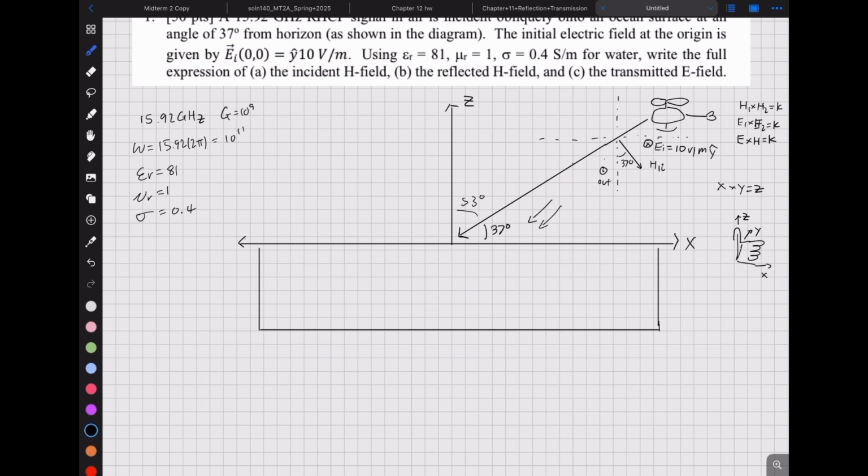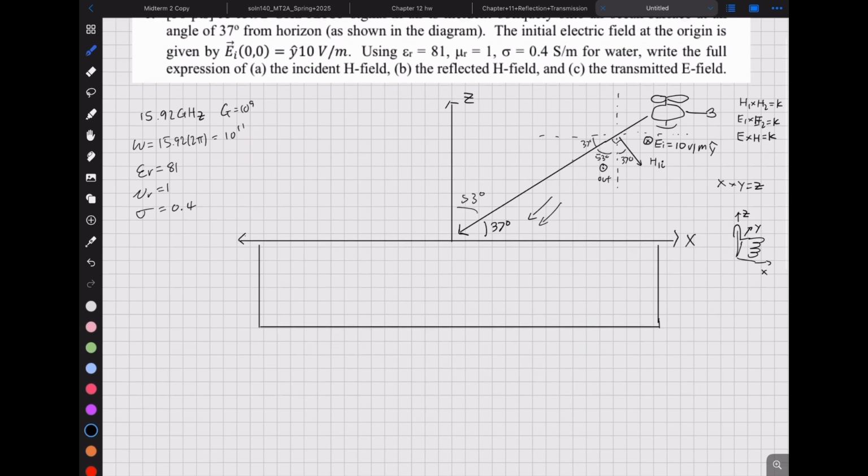Using simple geometry, we know that this angle is 37, and this angle is 53. And if this angle makes a 90 degree, then this has to be 37 degrees, because the E and the H are perpendicular at a perfect 90 degrees.